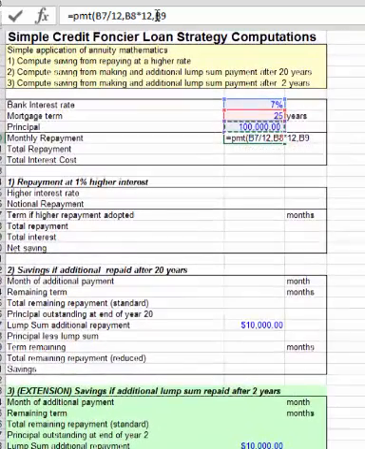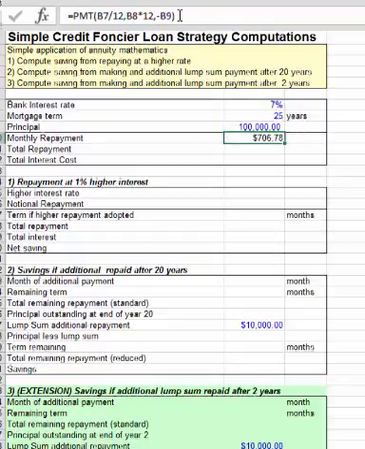So I'm going to put a minus sign in before B9 there. So I've just clicked on B9 to get that. Hit return. And that will give us a monthly repayment of $706.78.